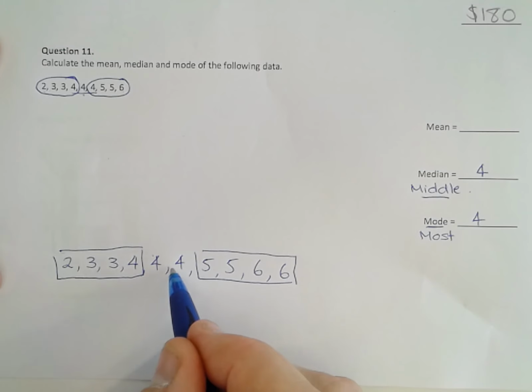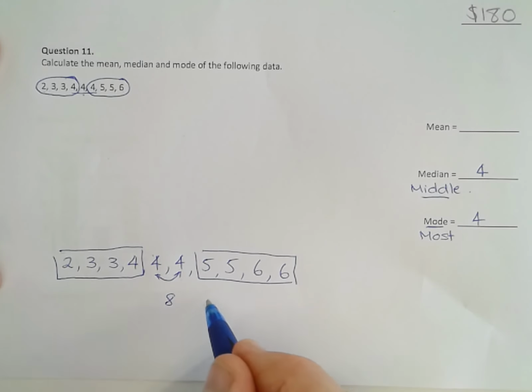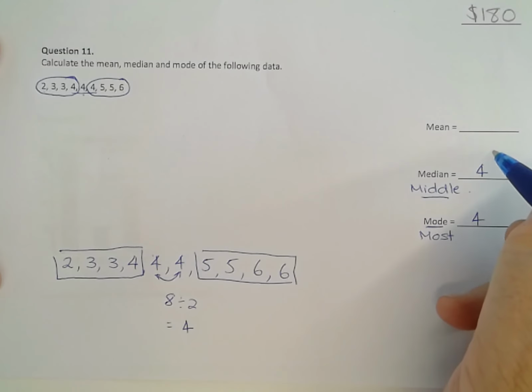In this case, it's pretty easy because the answer is 4. But what you do is you add these 2 numbers together, which gives you a total of 8, then divide it by 2, and that gives you the median, which is 4. Okay. I might explain that one again a little later.